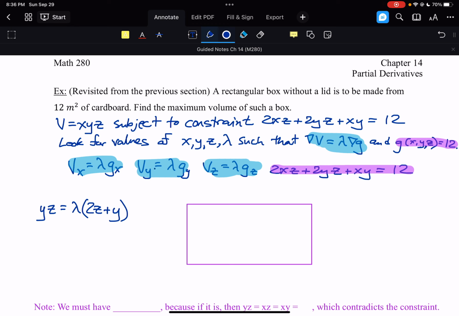If we go to the partials with respect to y, we get xz equals lambda times 2z plus x. And if we go to the partials with respect to z, we get xy equals lambda times 2x plus 2y.